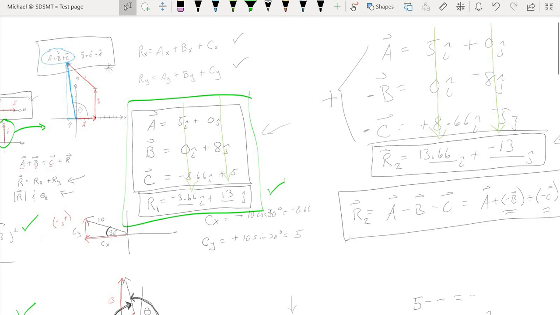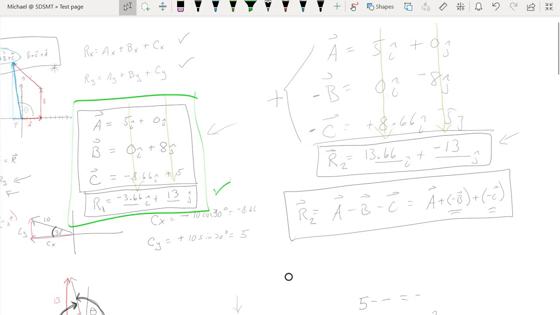And then if you have to put those components back together to form magnitude and angle, you certainly can, but it's not necessary. If I were to ask for the combination of vector A minus B minus C, and I did not specify how I wanted the vector to be expressed, there's absolutely nothing wrong with expressing your vector in component form. In fact, I actually prefer vector components above anything else.